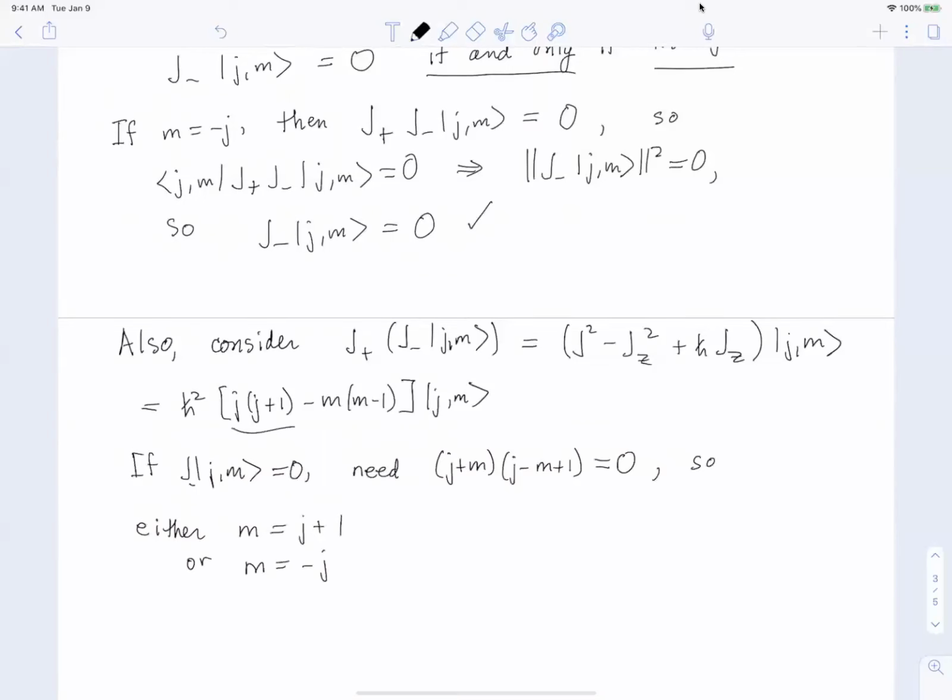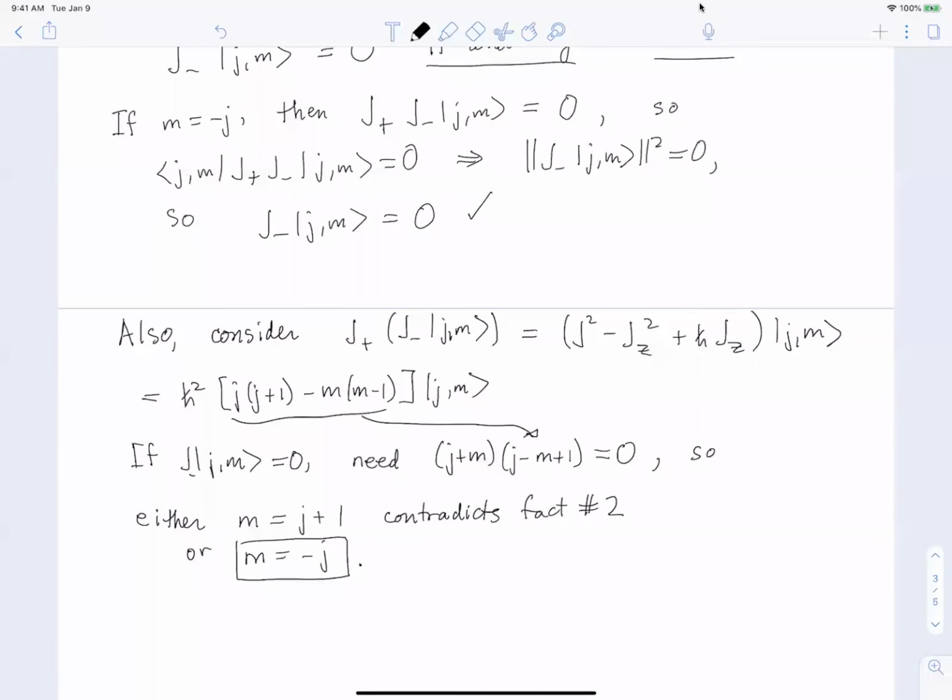So this right here was factoring into that. But the first one is impossible because that contradicts fact number 2. And so the only possibility left is that m is minus j. Okay, so it works either way. It's if and only if.